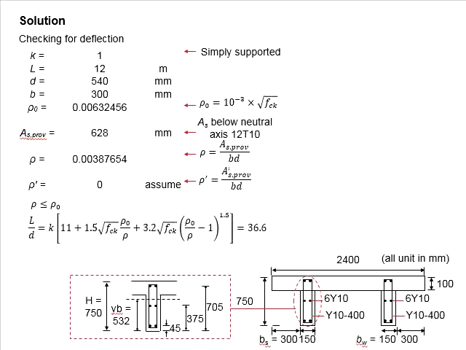To do so, you need to determine the provided area of reinforcement as well as the effective depth of the reinforcement bar. Based on the calculated result from the previous example, you know that theoretically you do not require tension reinforcement bar.